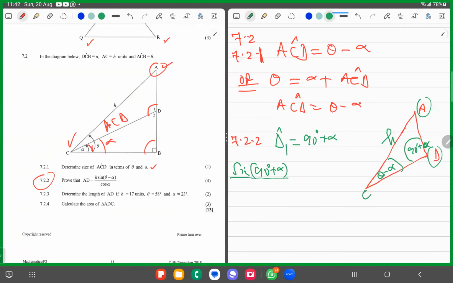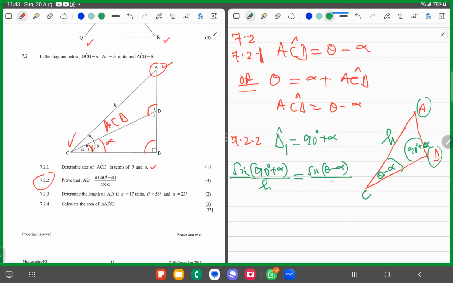The sine of 90 degrees plus alpha over h is equal to the same as, let's look at this one, the sine of theta minus alpha.